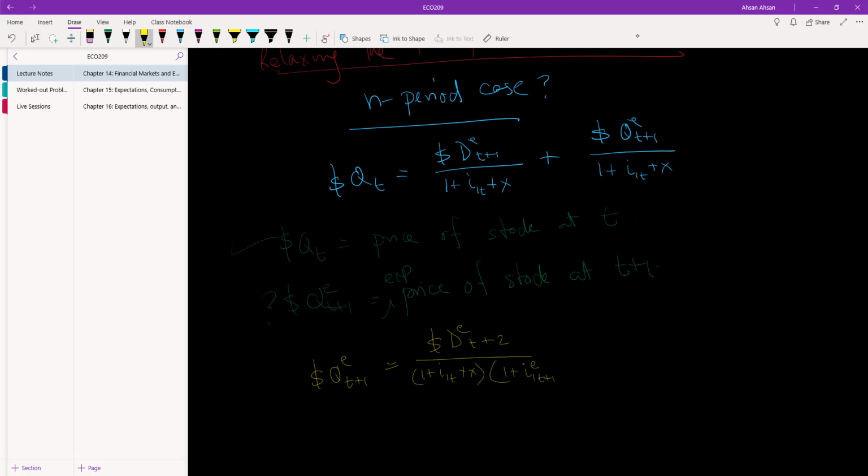We do not know what the interest rate will be in period t plus 1, so expected, plus x.